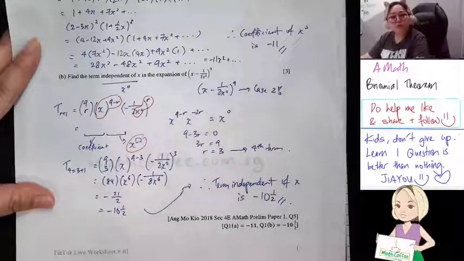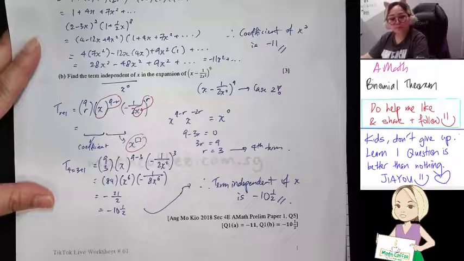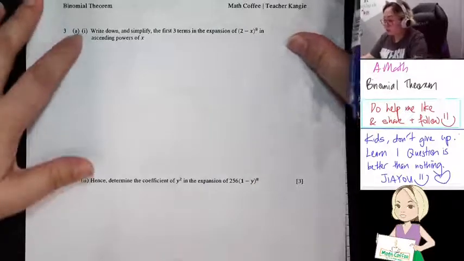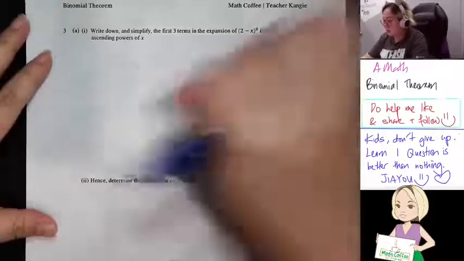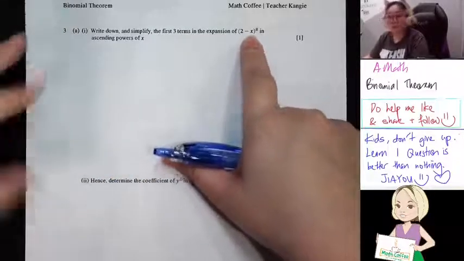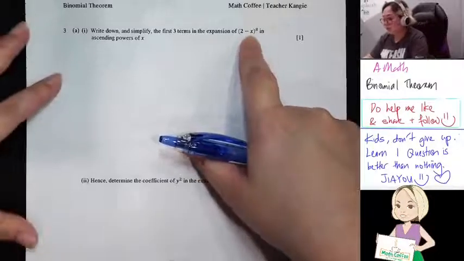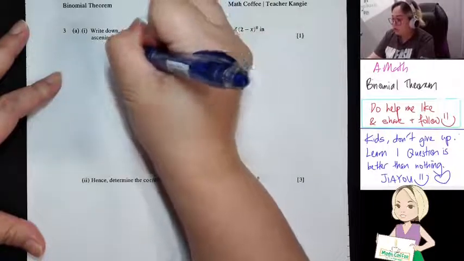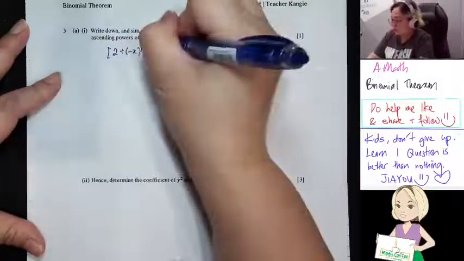Oh, good. I'll go to my question 3 already. Question 3A part 1 is pretty straightforward. They ask for the first 3 terms, but the only difference is that this is minus x. When there is a negative, usually I put it in this form: 2 plus negative x to the power of 8.